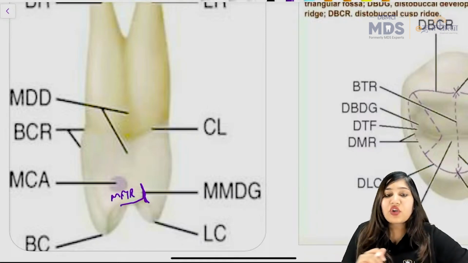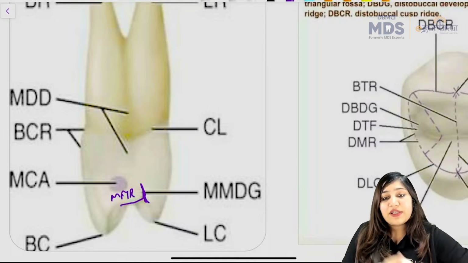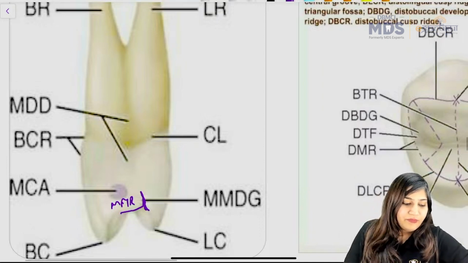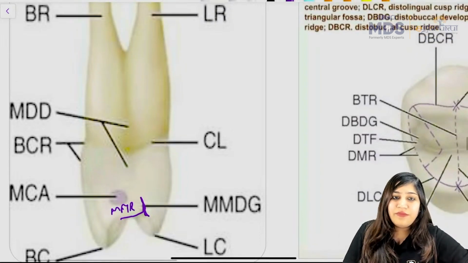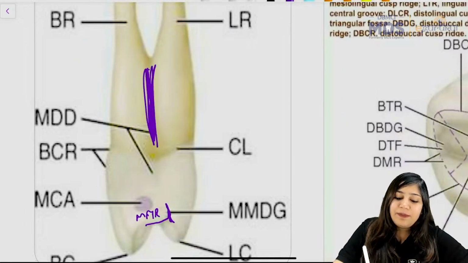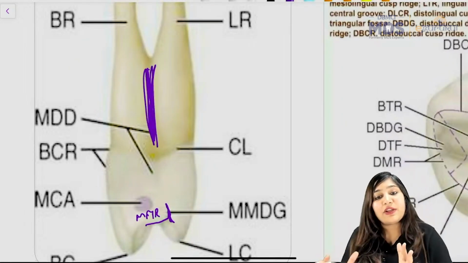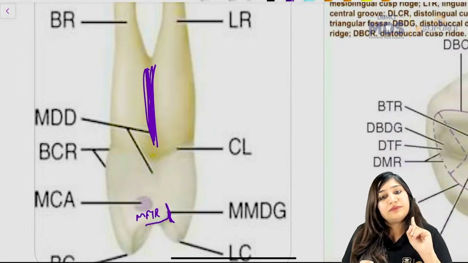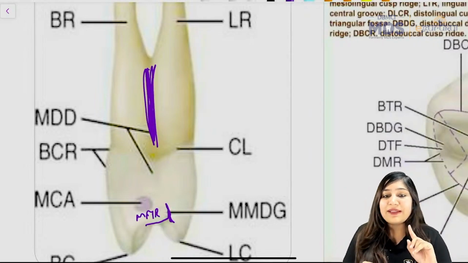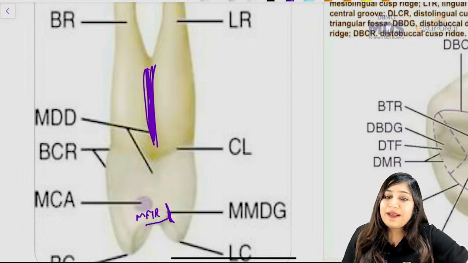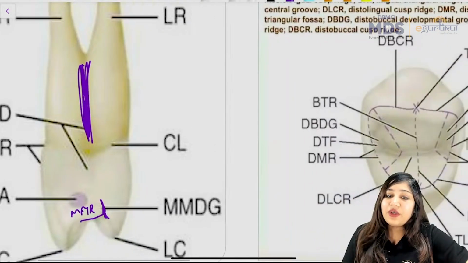So this groove is crossing the mesial marginal ridge and extending to the occlusal surface. Right? And in root also we can easily appreciate depression. So on the mesial aspect of premolar, we have two characteristic features. On root we have mesial marginal depression, and in crown we have mesial marginal developmental groove.